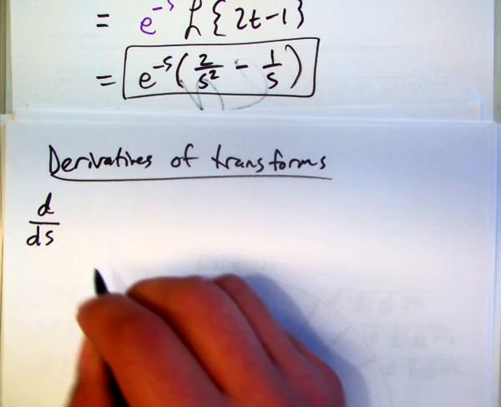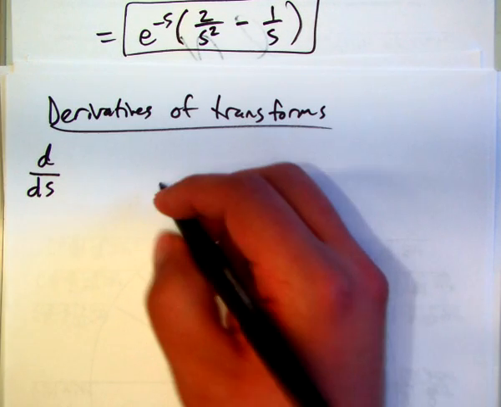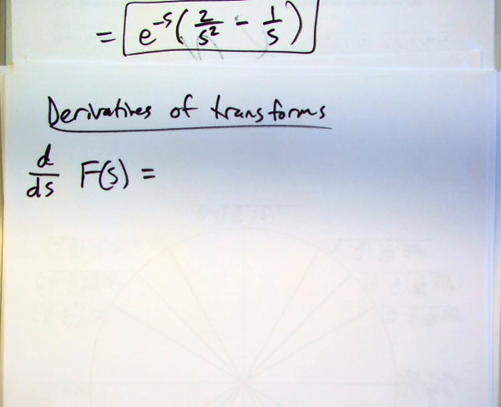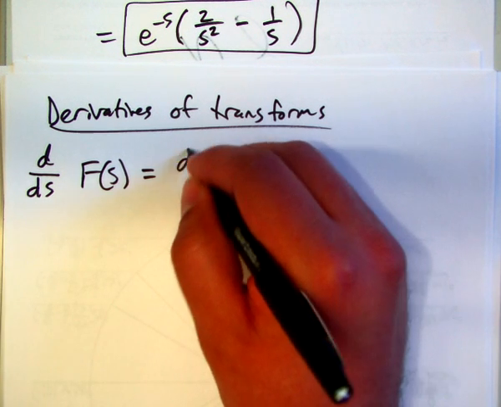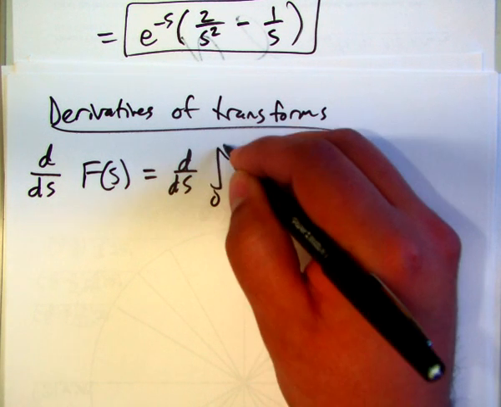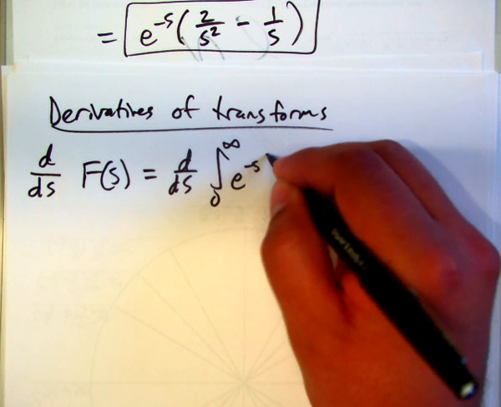If we're interested in taking the derivative of a transform, using the definition, this is just d ds times the integral from 0 to infinity of e to the minus st f of t dt.